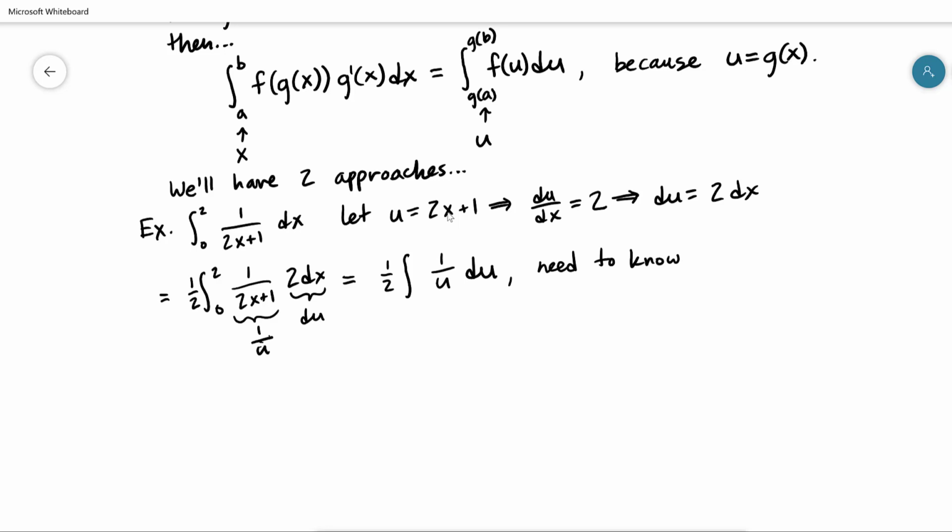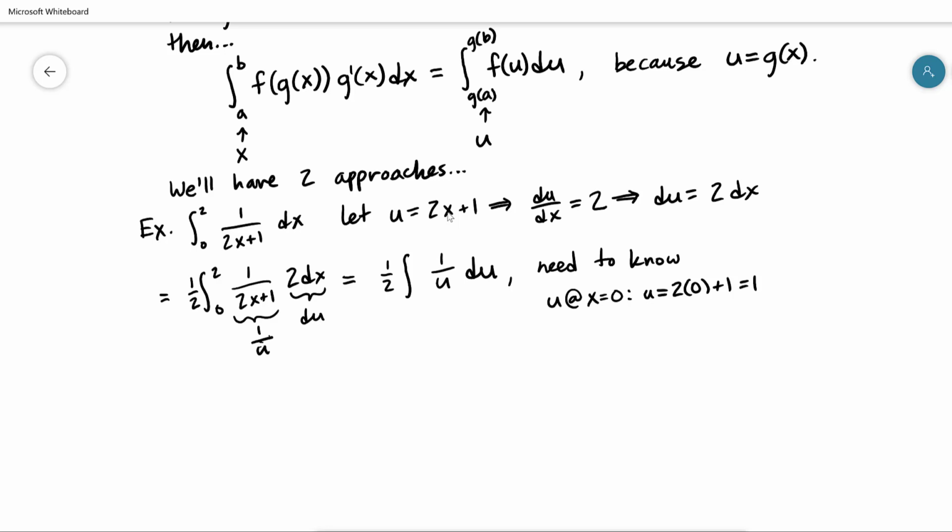So u, when x is equal to 0, u is equal to 2 times 0 plus 1, which is u equals 1. Oops, I shouldn't do an implication sign there. That's just an equal sign.